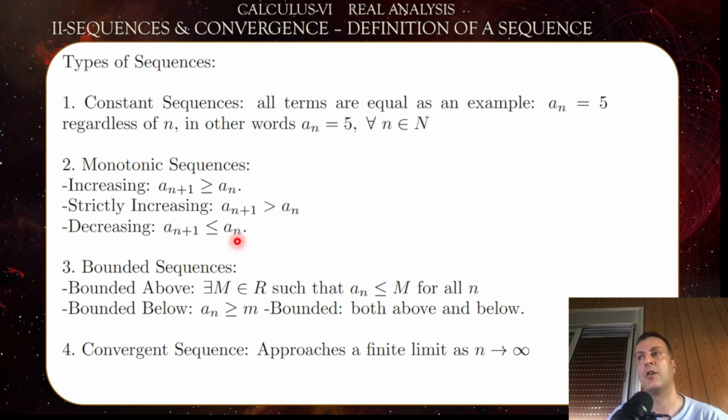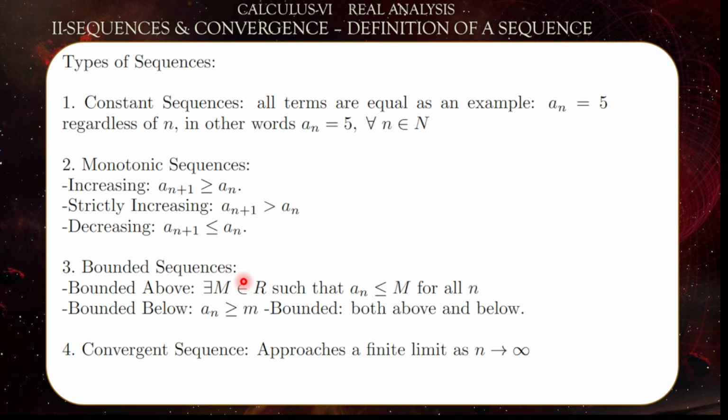But on average, the sequence is declining, is decaying, in other words. Strictly decreasing means that a_(n+1) is always less than an. So the subsequent values are always less than the previous values, like 1 over n that we've seen previously.